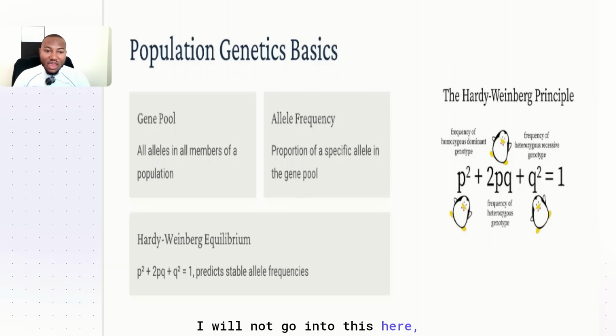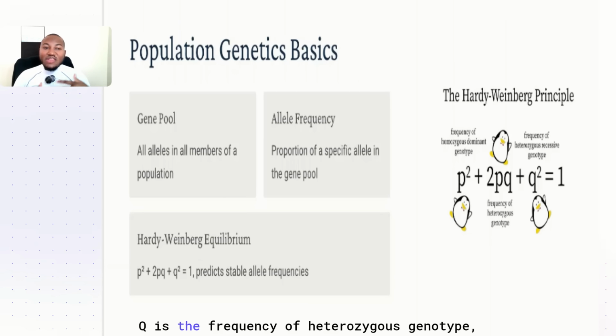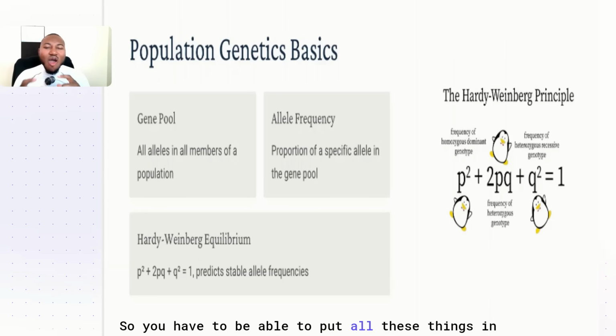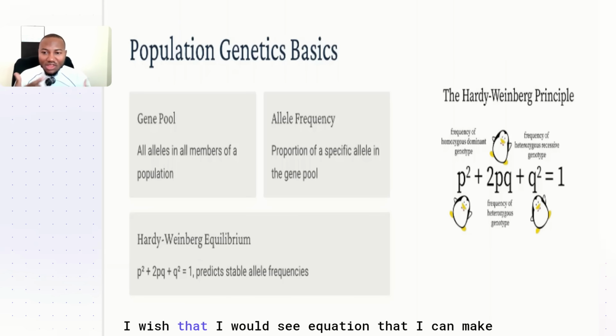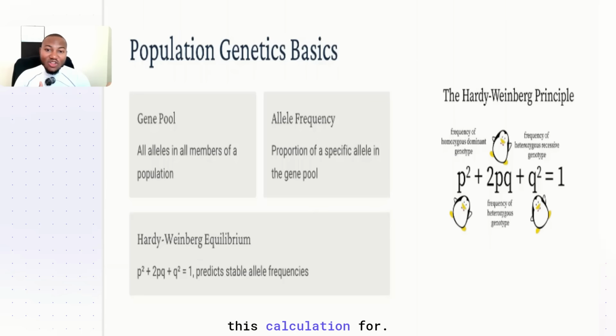I will not go into this here, but just know that this is p squared plus 2pq plus q squared equals 1. What are we calculating? The p squared is the frequency of the homozygous dominant genotype. The 2pq is the frequency of the heterozygous genotype. And the q squared is the frequency of the homozygous recessive genotype. So you have to be able to put all these things in their respective places to be able to use this equation.